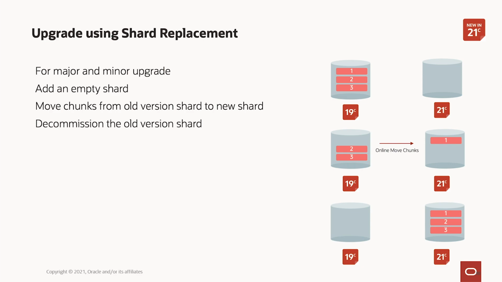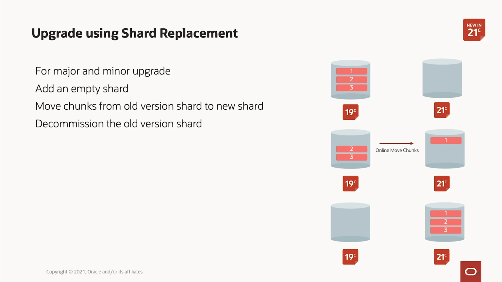Patching is like when you're applying your patch sets, whether they are monthly patch sets like 19.6, 19.7, or security patches, one-off patches, critical patch updates. So all these database patches.